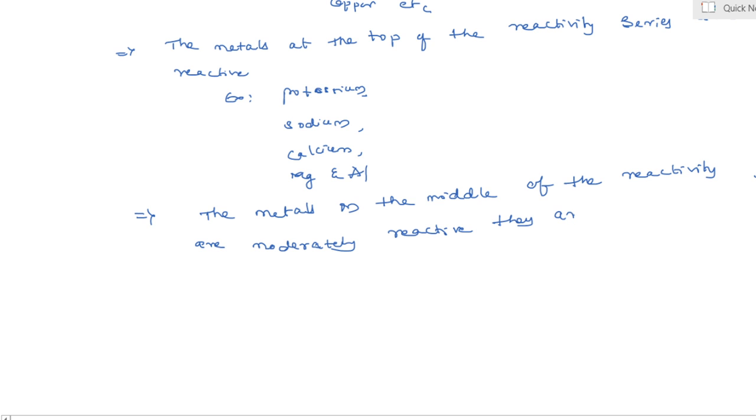They are found as oxides, sulfides, or carbonates in the earth crust.